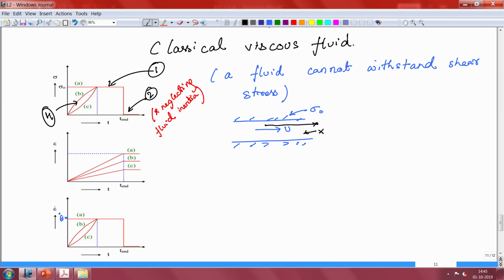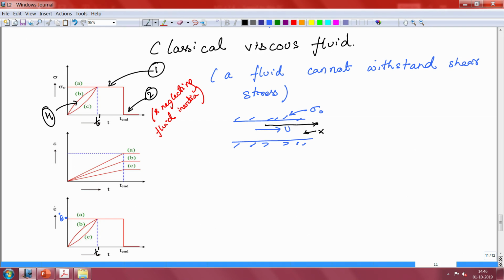When you reach sigma naught through different ones, in the strain rate diagram you are also going to reach the same strain rate at epsilon naught, and let us mark this as T dash.